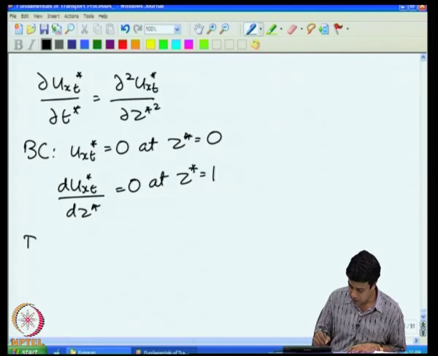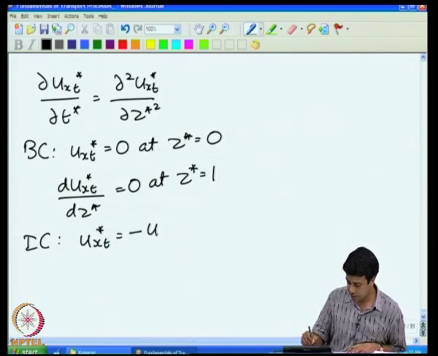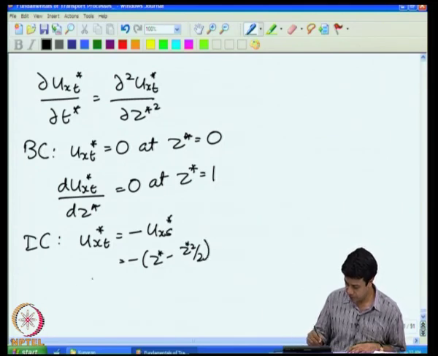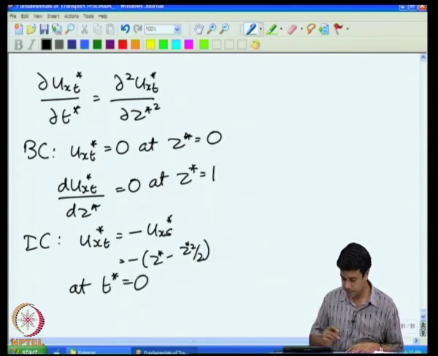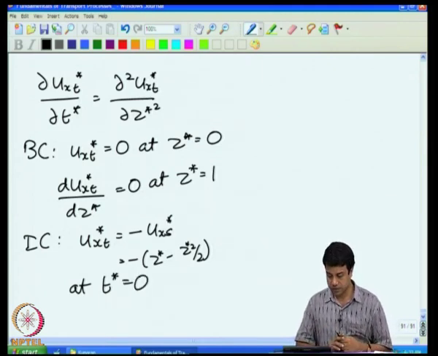And the initial condition was ux transient is equal to minus ux steady, which is equal to minus of z minus z square by 2, at t equal to 0. Okay, so, we have to solve this equation with these initial and boundary conditions.